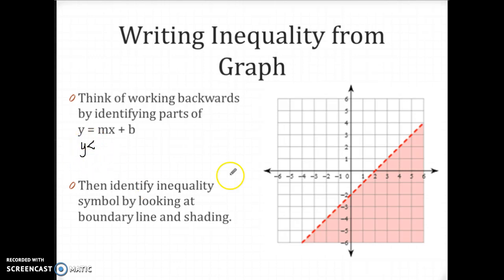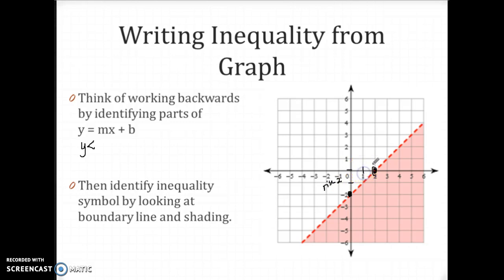Y is less than. Now the other piece we need to identify is the slope. So we could use this coordinate and this coordinate. There are others, but these are the two that right away we can see. Calculating the slope is the rise over the run. From here up 1, 2, so we have a rise of 2.